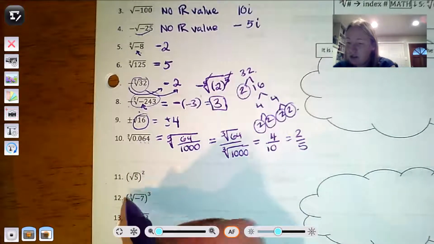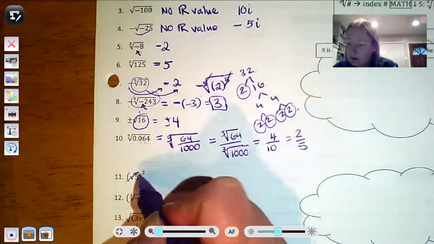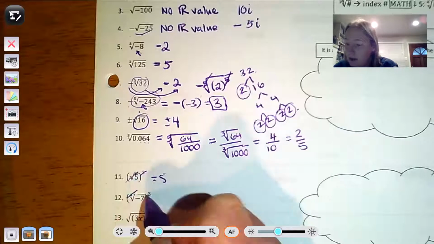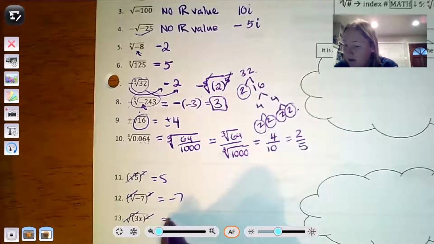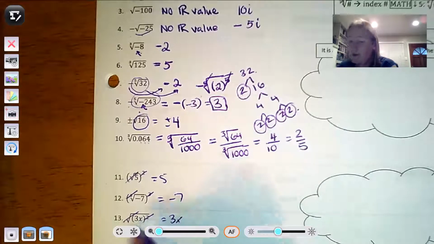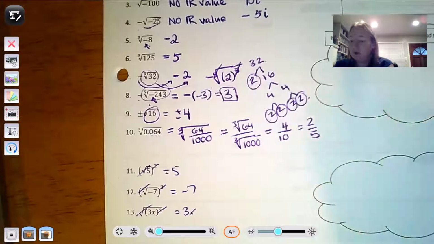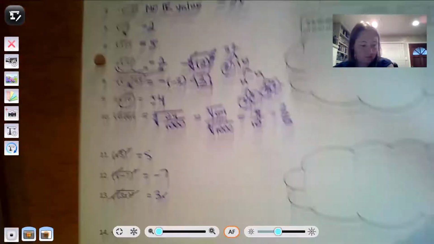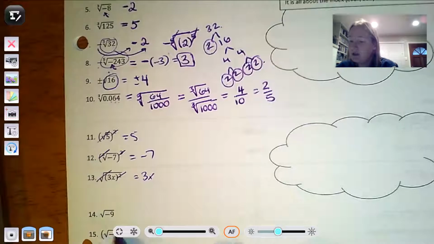The next one is just kind of what I mentioned earlier, that a square root and a square cancel, a cube root and a cube cancel, a square root and a square cancel. This one had the whole thing squared, so you were left with that quantity when you canceled the square root with a square. And even though you'd think, oh, I'll cancel the square root and the square here, this is an imaginary number.